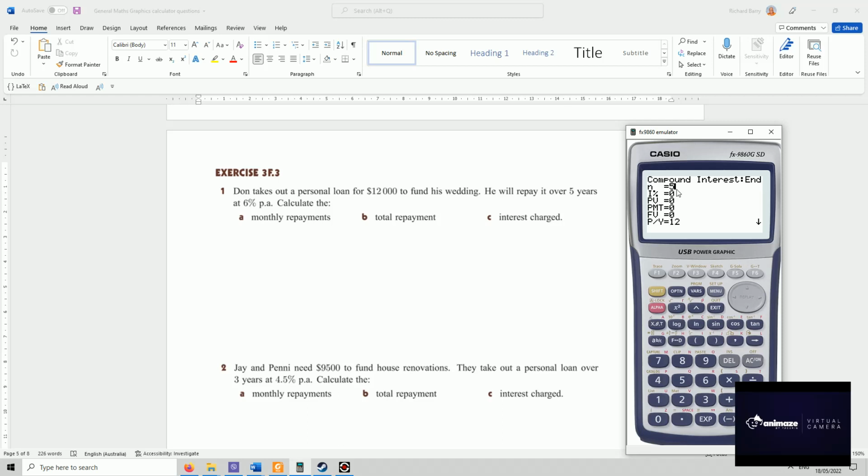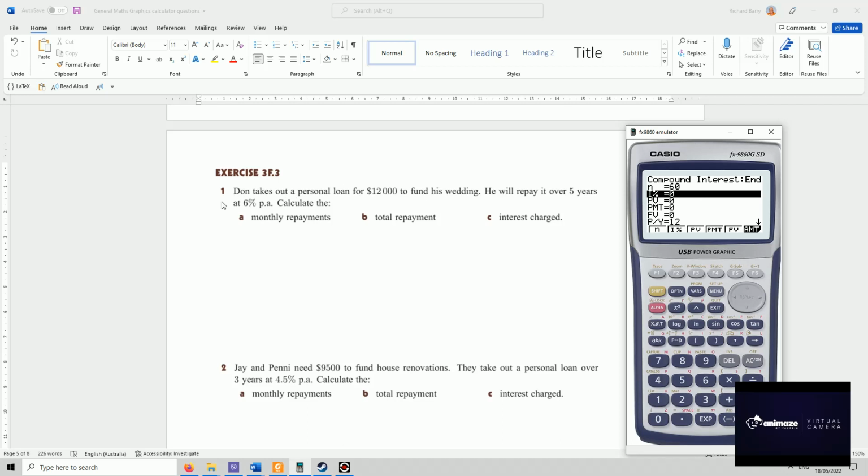It's going to be 5 years times 12 for monthly. So I'm going to pay a certain amount of money 60 times, once every month for 5 years. That's how that N works. It doesn't stand just for years.